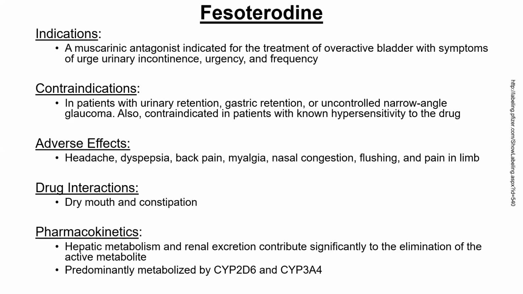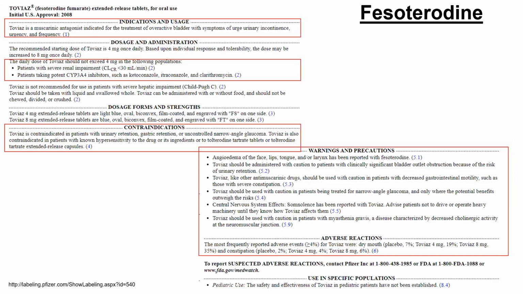Pharmacokinetics: hepatic metabolism and renal excretion, metabolized predominantly by 2D6 and 3A4. So you want to be careful with the concomitant administration of anything that could affect the activity of these two CYP enzymes. Indication is the same as what we talked about, overactive bladder, frequency.